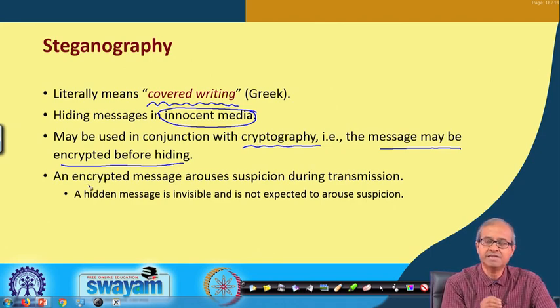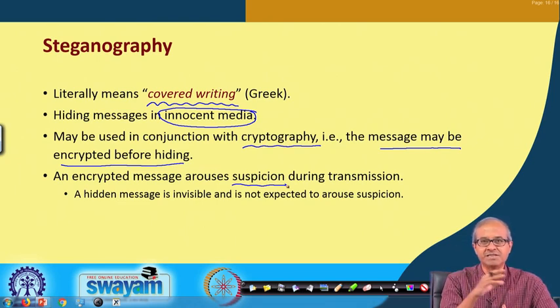Now, the thing is that in a normal channel, if you send an encrypted message and if I capture it, then if I am not able to read it, that means it must be encrypted. So, the first thing is that there will be some suspicion, that means what are they sending among each other that they have to encrypt? Are they good people or they are not so good people? So, I do not know. Okay.